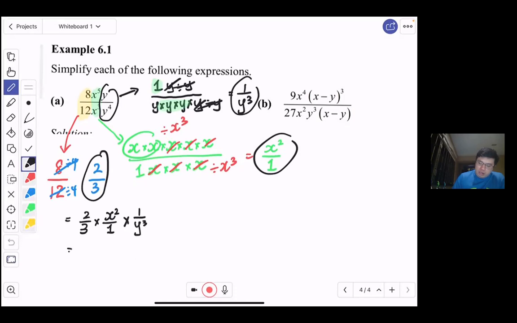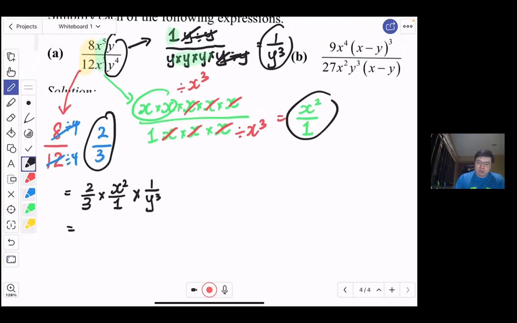And in fractions, when we multiply, you don't have to worry about creating the common denominator. That's only for addition. For multiplication, you don't need it. So 2 times x squared times 1 just gives you 2x squared. In the denominator, 3 multiplied by 1 multiplied by y cubed gives you 3y cubed. And this is your answer for part A.